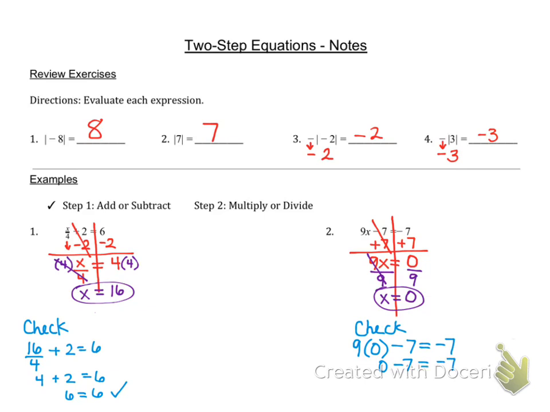So we have negative 7 equals a negative 7. So both sides of the equation are equal to each other, meaning that x equals 0 is our solution.